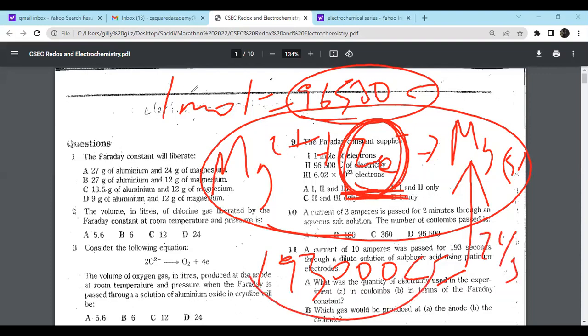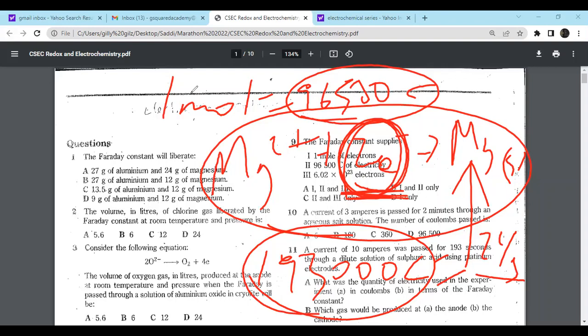So A is incorrect because it says the Faraday constant will release 24 grams of magnesium. It would be half a Faraday that would do that.